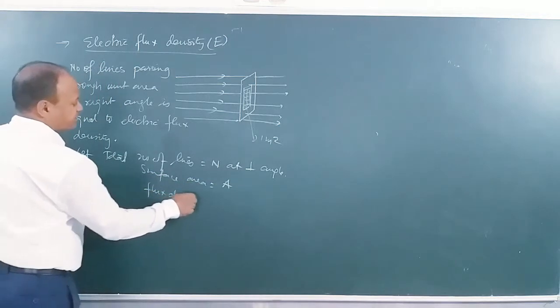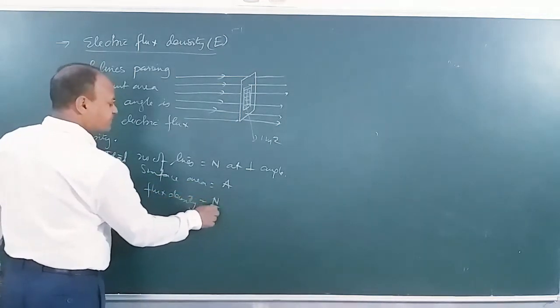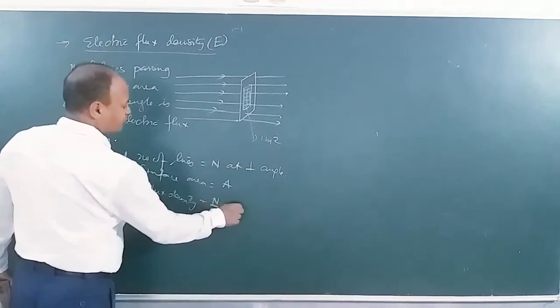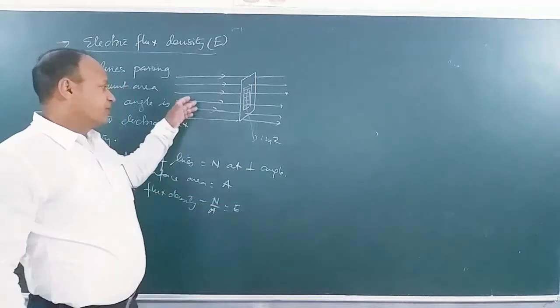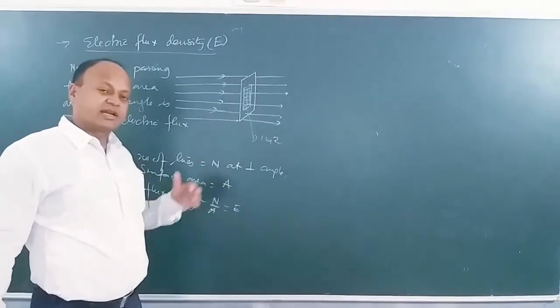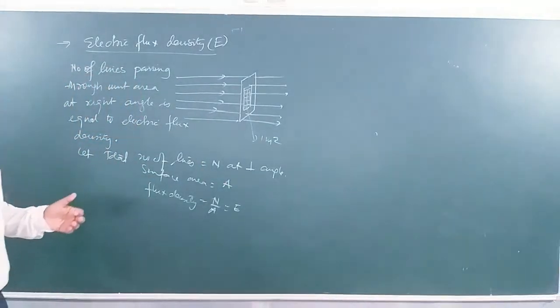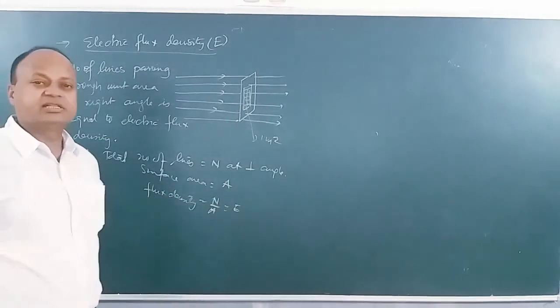Flux density means number of lines passing through unit surface area, and that will be equal to E. So keep this in mind: the number of lines passing through a given surface area at right angle is known as electric flux density, and numerically it is equal to E.